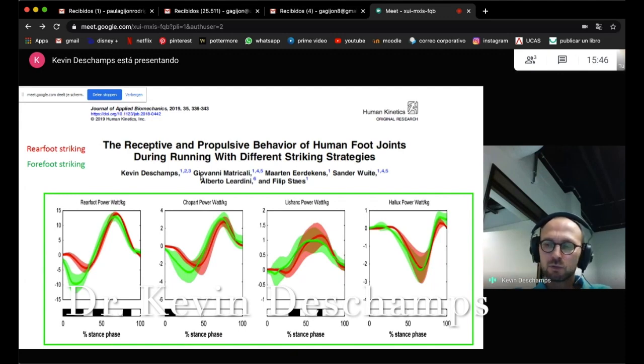From the left to the right, you see again the rear foot, the Chopard joint, the Lisfranc, and then the toes. We have considerable power absorption in the different segments of the foot. If you look at this, when you land on the forefoot or the midfoot, your absorption in the ankle joint will be drastically higher.